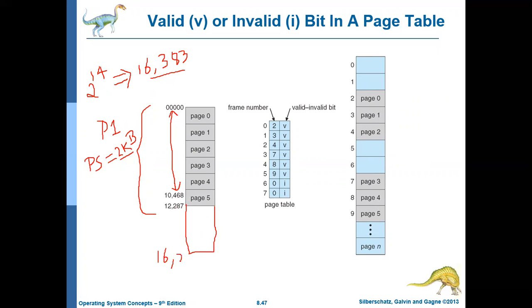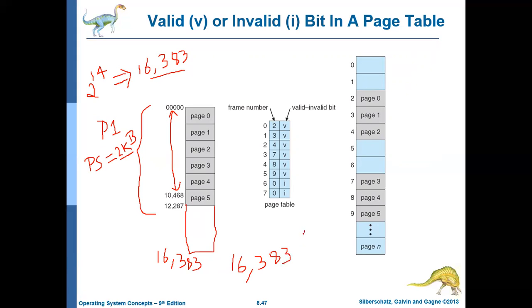So you just divide 16,383 by 2 kilobytes.